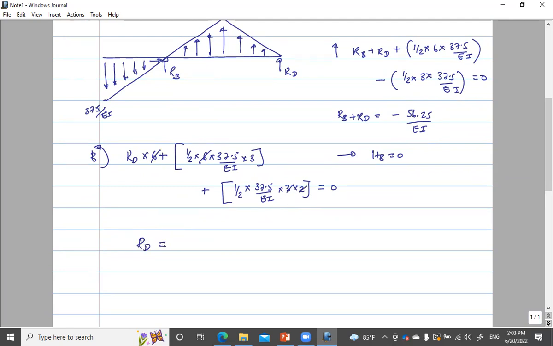So RD is equal to 37.5 into 3 divided by 2, that is minus 56.25 over EI, minus 37.5 over 2, minus 18.75, 75.